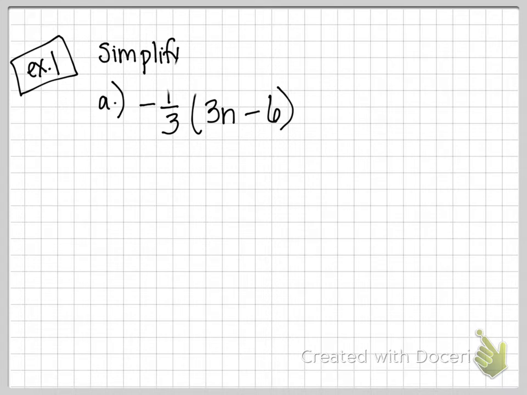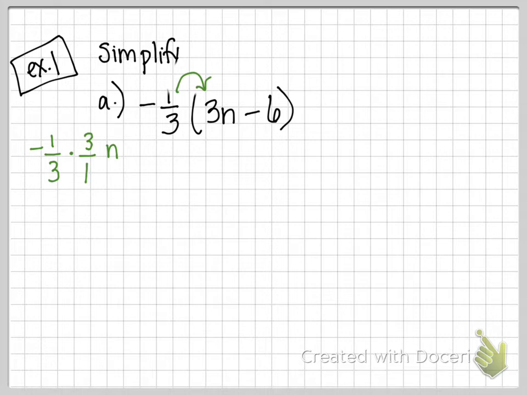So we're going to multiply. This is really -1/3 times what? 3 over 1 n, right? Big number 3 is really 3 over 1. Addison, can there be a fraction inside the parentheses? Yes, there can be a fraction inside the parentheses.